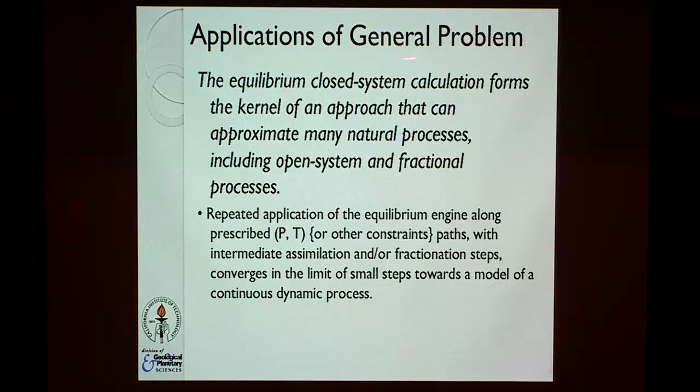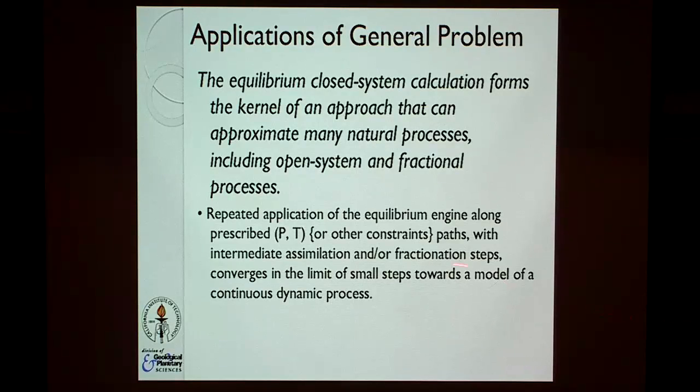Okay? So what's convenient about AlphaMelts is it takes that basic equilibrium calculation kernel, okay, and it makes it very straightforward to run it along a number of interesting paths to simulate natural processes, such as crystallization of a primary magma, either cooling at constant pressure or cooling at constant volume, or fractional processes or assimilation fractional processes, melting due to decompression at constant entropy, melting in the presence of assimilation.